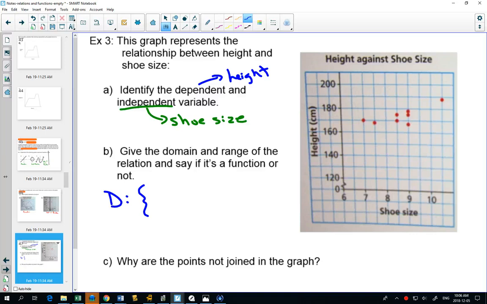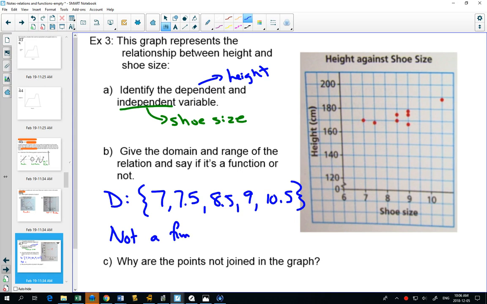If we go through here, it looks like we have a 7, a 7.5, an 8.5, a 9, and a 10.5. Is this a function? No. We can draw a vertical line that goes through more than one point. So this is not a function. Oh, we didn't do the range.